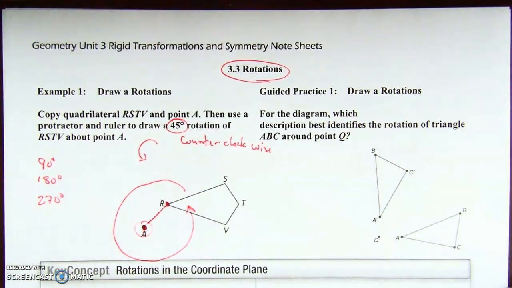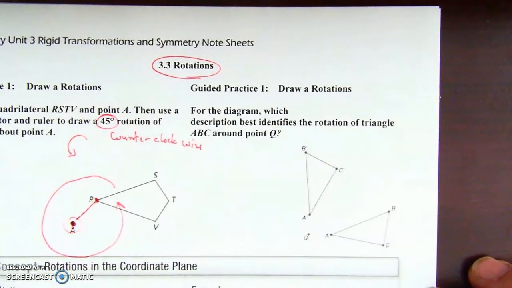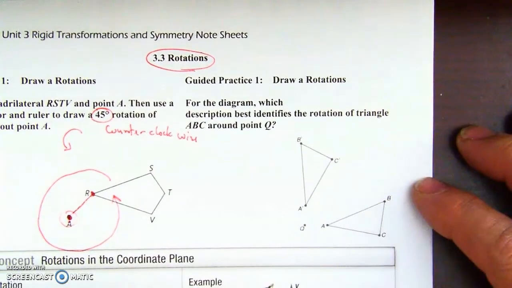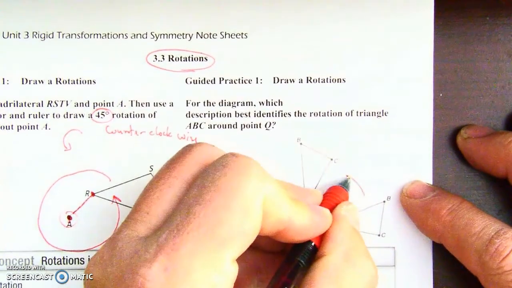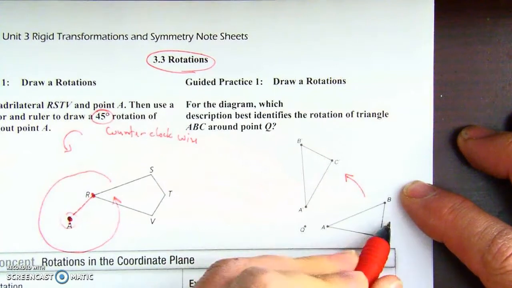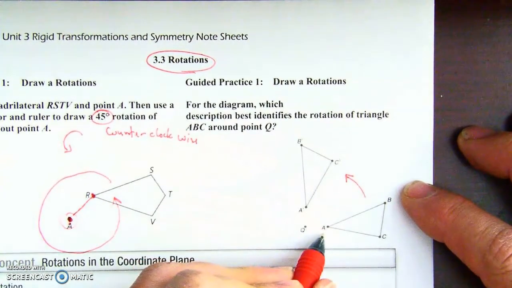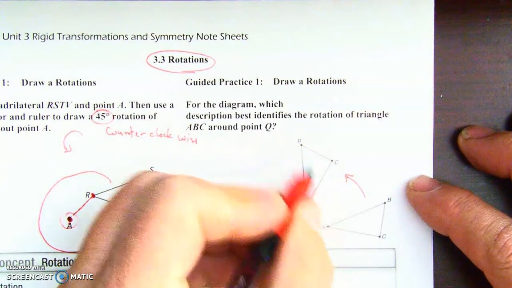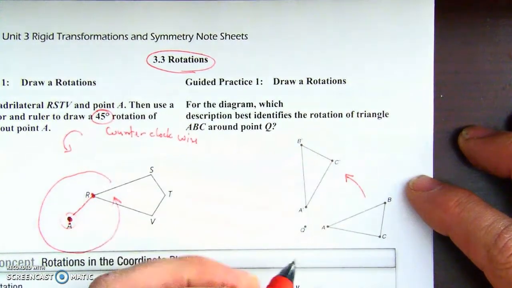And so when we go back and look at this scenario over here, example number 2, it says we want to find out what rotation. Remember, we're rotating counterclockwise. This is our pre-image, and this is our image, and this is our A and A prime, C and C prime, B and B prime, and so forth.